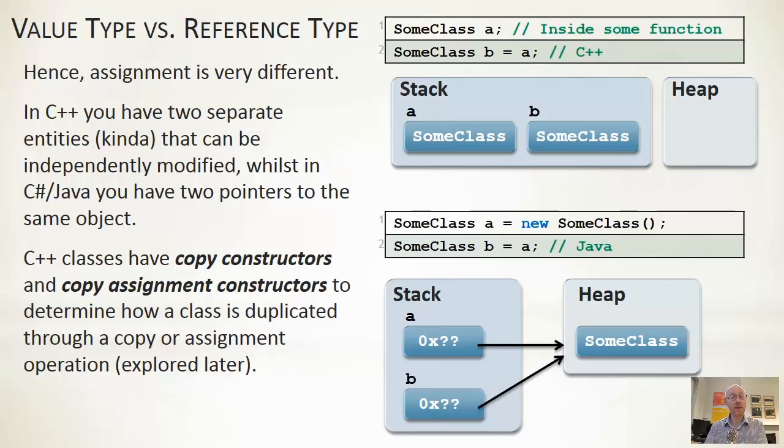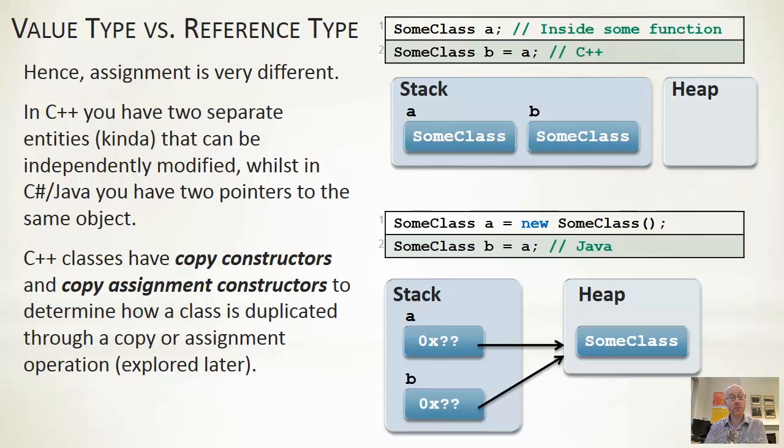And that gets to be stored in the stack. If we then do in line 2, some class B is equal to A, that will create a separate instance of that class and copy across the values that are stored within the A instance into the B instance.